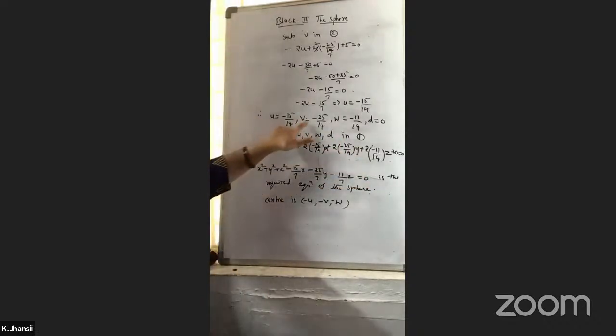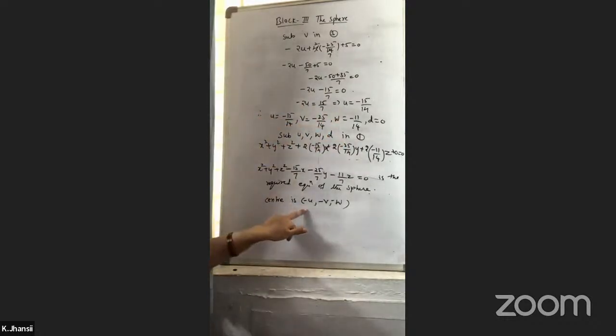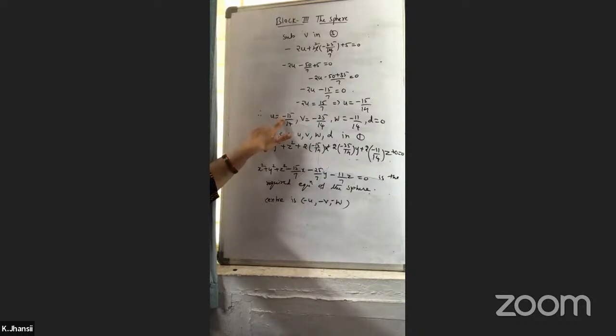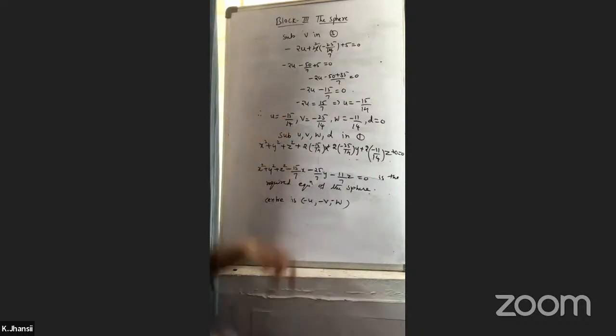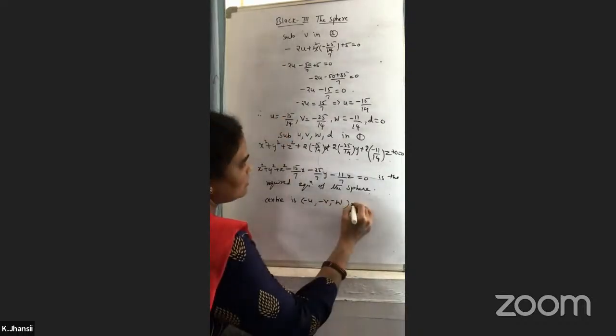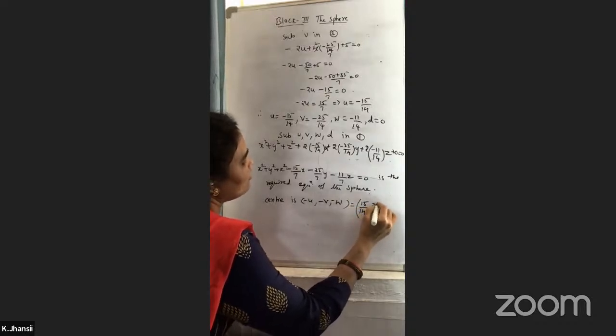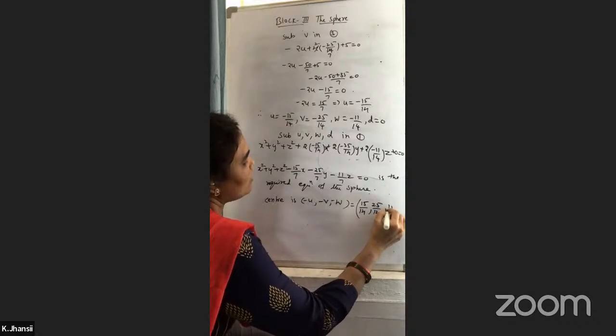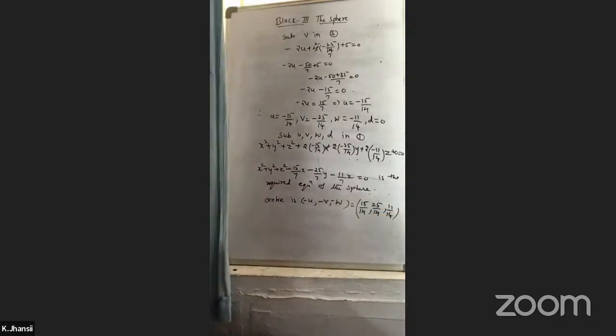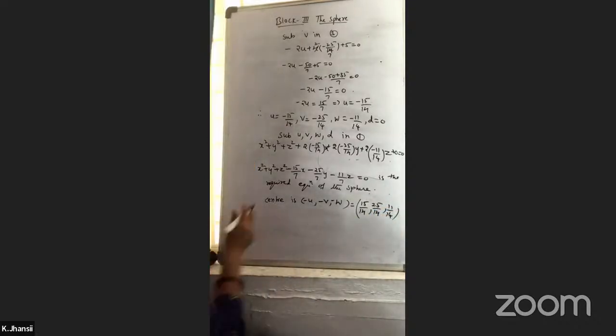Or else you can see from the above. Okay, u, v, w values are there. But what is the center? The center is minus. So minus of minus will become plus. So the center is 15 by 14, 25 by 14, 11 by 14. Okay, this is the center of the sphere.